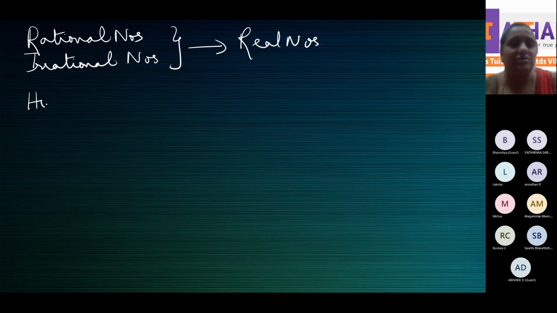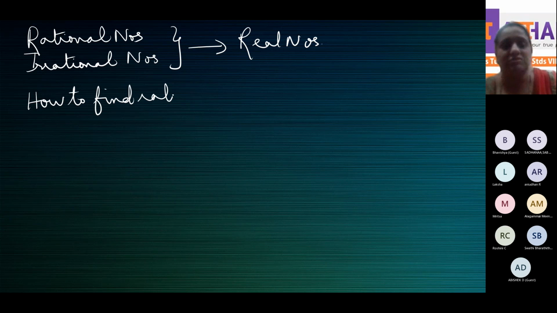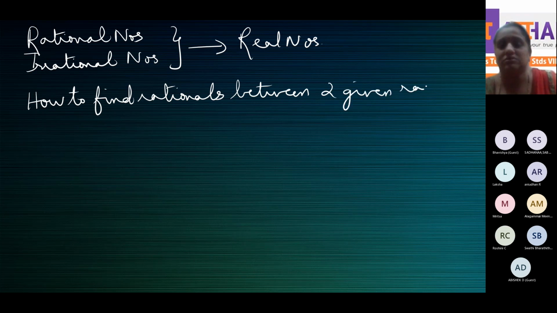Then how to find rationals between two given rationals. How to insert rationals between two given rationals.